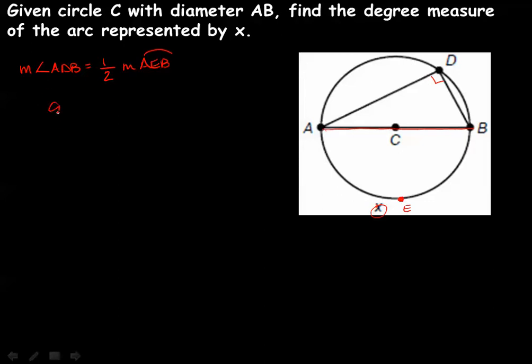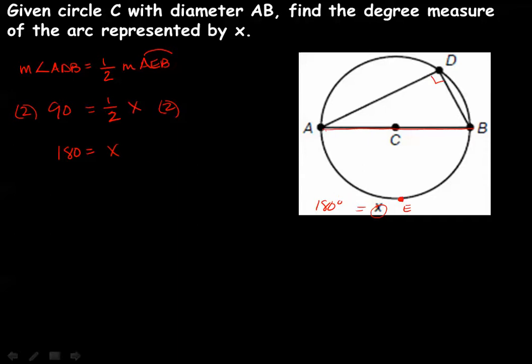So I know the measure of angle ADB is 90, and I'm going to put x there since that's what they call it. And if I multiply both sides by 2, or you can cross multiply here, either way, I'm going to get 180 equals x. And that makes sense because a semicircle is going to measure 180 degrees.